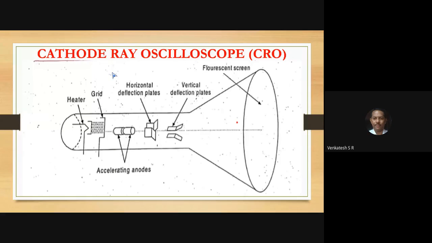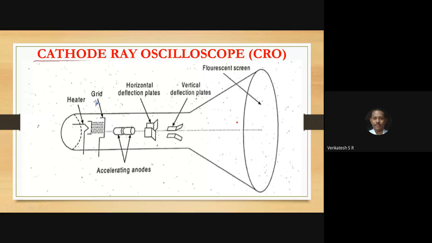So what are the things present here? Just go through the heater. In between the grid and the heater there will be a tungsten filament. I have not shown the tungsten filament here because it is on the other side of the CRO.